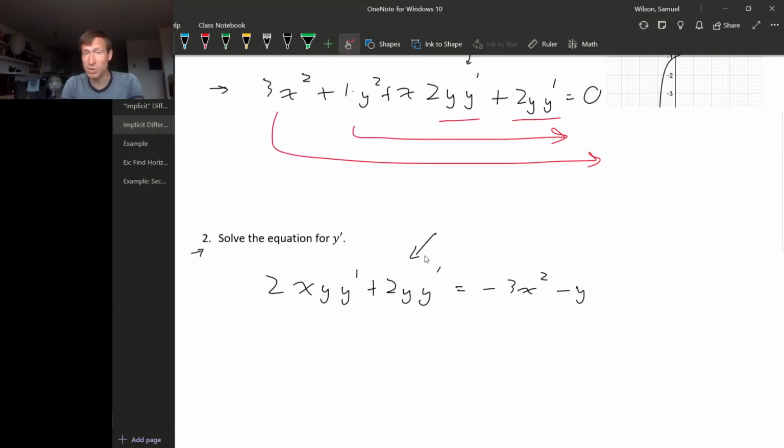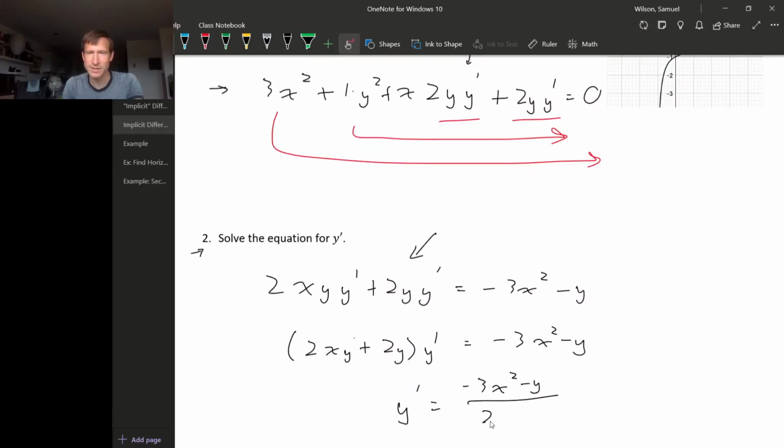Now on the left-hand side, both terms have a y prime, so we can factor out that y prime. (2xy plus 2y) times y prime equals minus 3x squared minus y. And now we can divide both sides to get y prime by itself. So y prime is (minus 3x squared minus y) over (2xy plus 2y).